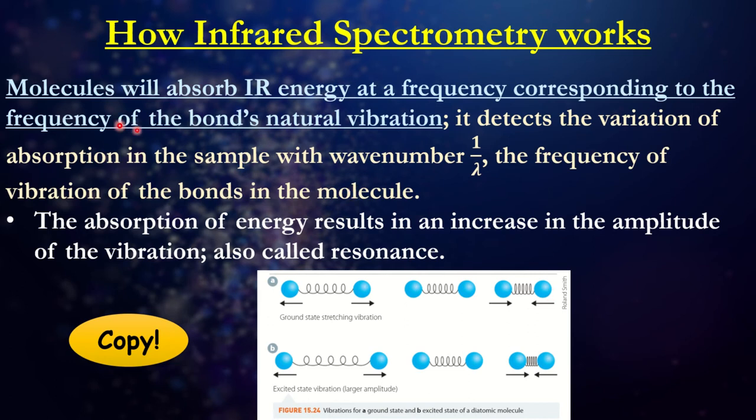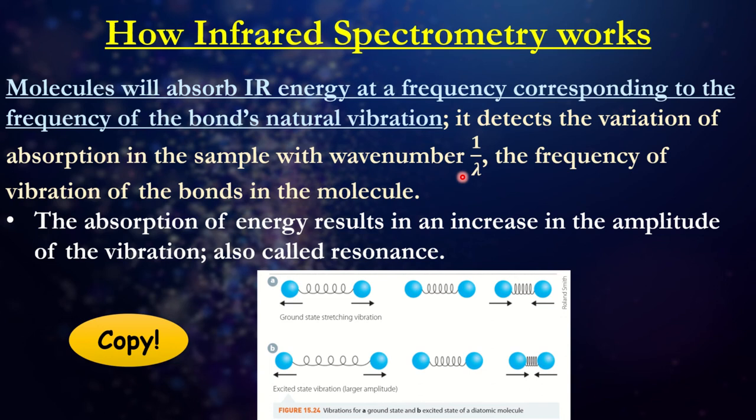Okay, so molecules will absorb infrared energy. In a way, it's self-explanatory. Radiation is energy at a frequency corresponding to the frequency of the bond's natural vibration. So it detects the variation in absorption within a sample, and the measurement we use is called the wave number.